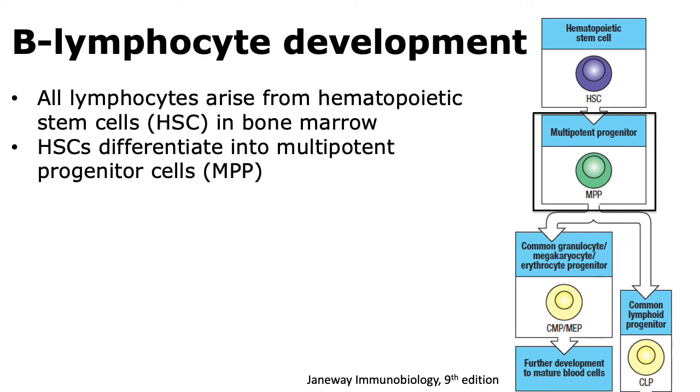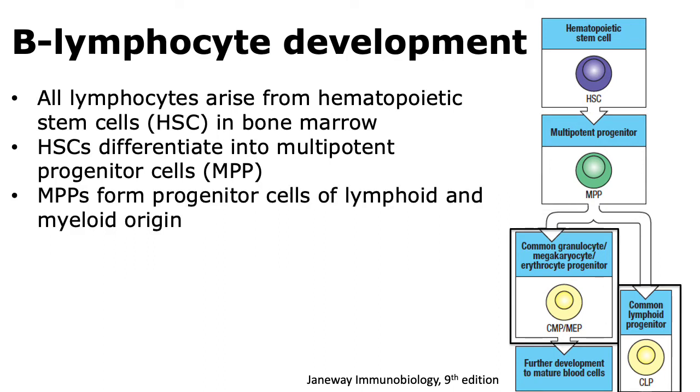The MPP cells can undergo further differentiation and form progenitor cells that can be either of lymphoid or myeloid origin. The figure that's shown in the black box shows the common progenitor cell that will give rise to myeloid cells, and hence it is also called the common myeloid progenitor.